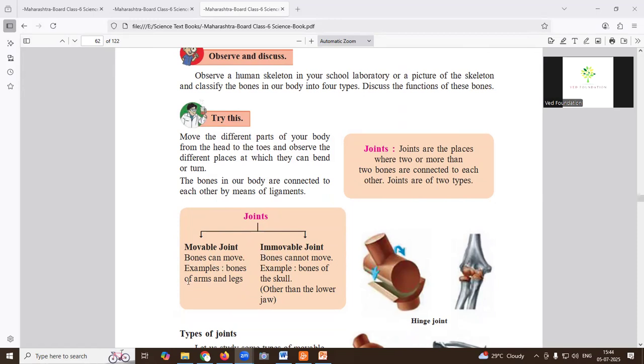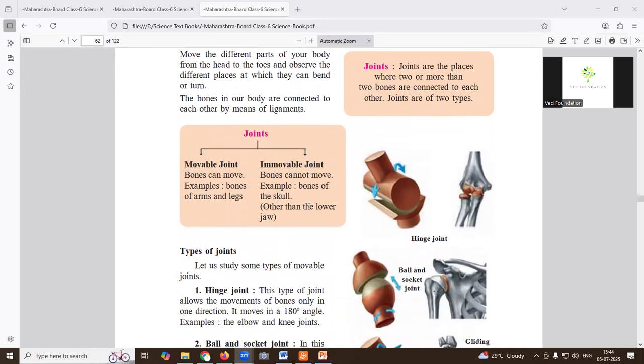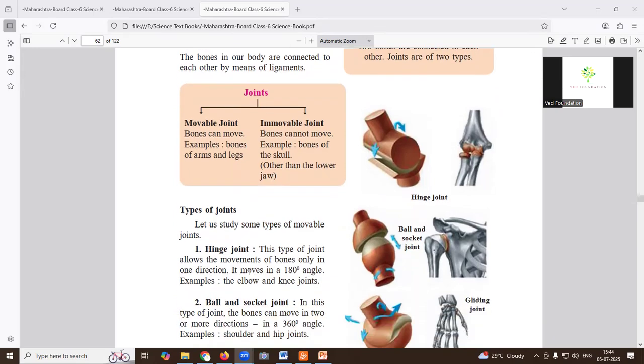Movable joints are present in arms and legs, and immovable joints are present in the bones of the skull. The joints of the skull are immovable. Only the lower jaw bone is movable, other bones are immovable.